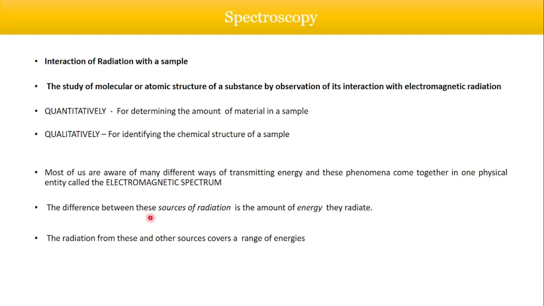The difference between these sources of radiation is the amount of energy that they radiate, and the radiation from these and other sources covers a range of energies. So all these things combine to give us the electromagnetic spectrum.